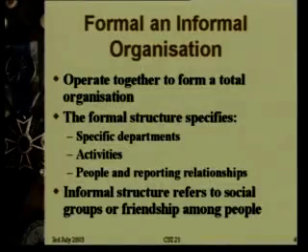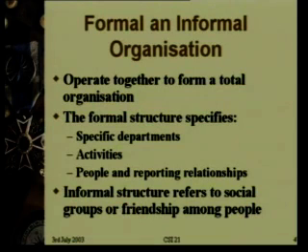Now there can be formal and informal organizations. Informal and formal organizations operate together to form a total organization. The formal structure specifies specific departments, activities, people and reporting relationships. So these are the formal things which we need to specify.